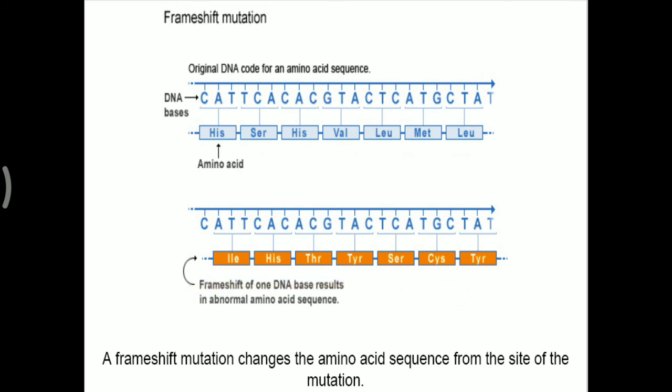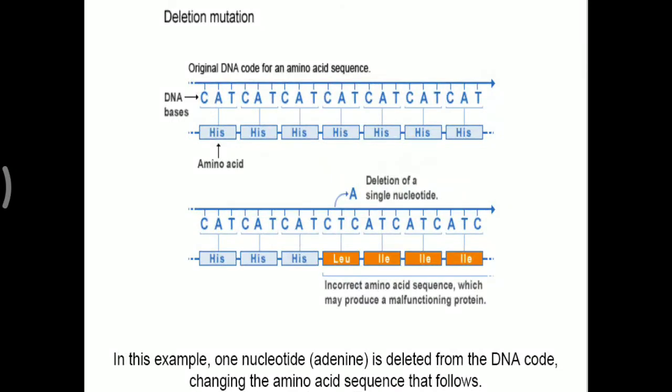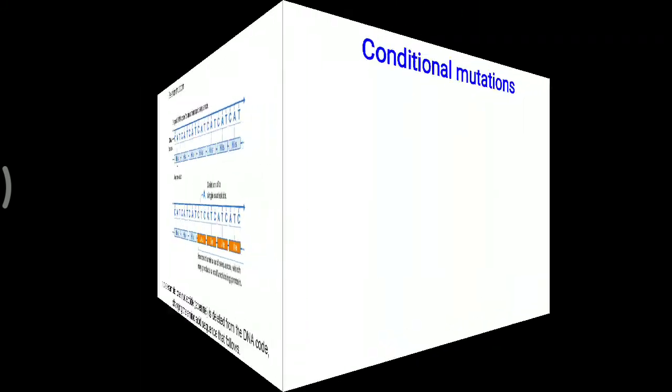A frame shift mutation changes the amino acid sequence from the site of the mutation, and the following amino acids will be altered, so that may not be useful. Deletion also explains the same: due to deletion of a single nucleotide, the following amino acids after it will be abnormal, and the protein will not be functionally useful.